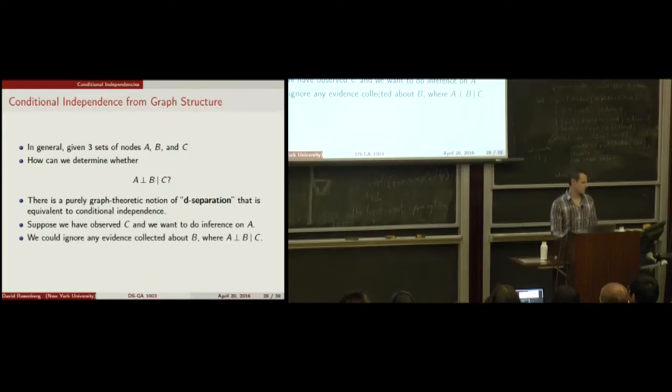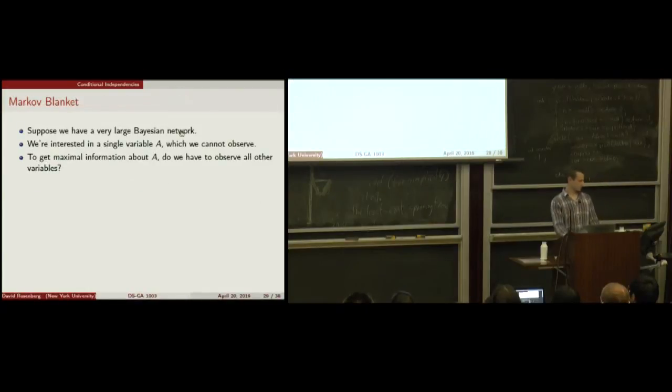OK. So one thing we do want to ask is, suppose we're interested in a single variable A that we don't have any observations of. And we have this huge Bayesian network with, say, thousands of variables, some of which we can observe, some of which we can't.